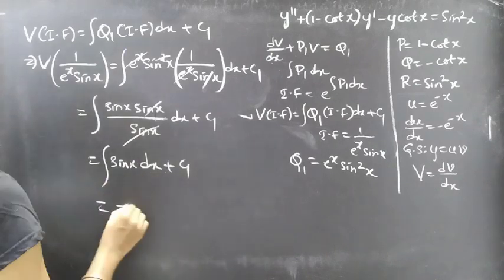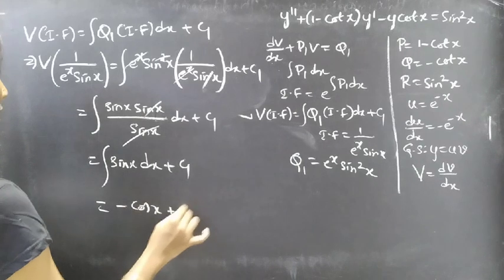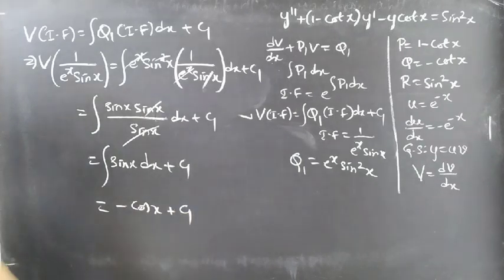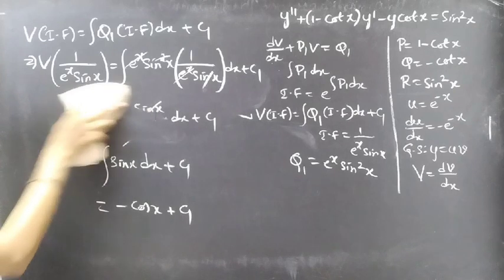Integral sin x dx is minus cos x plus the integration constant c1.